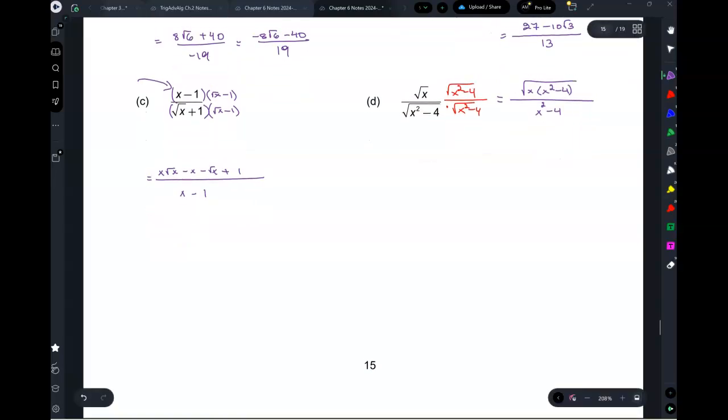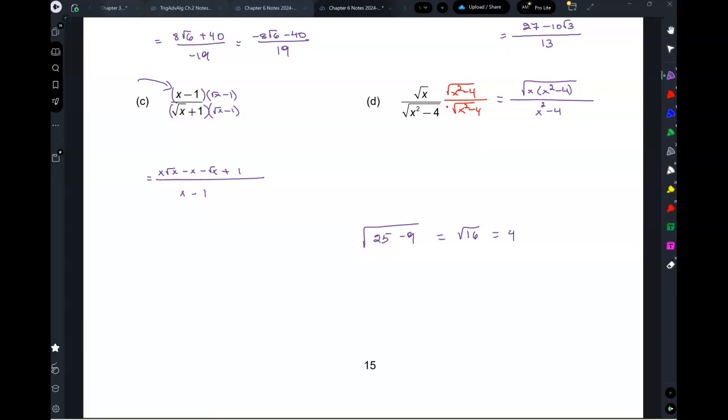Okay, let's take a look at this for a minute. Suppose you have the square root of 25 minus 9. What's 25 minus 9? 16. So that's 4.